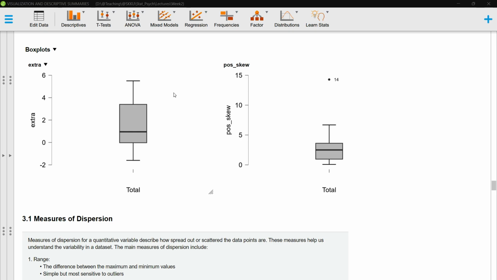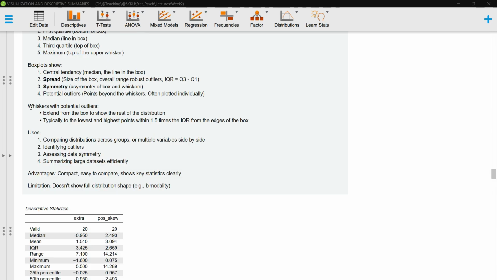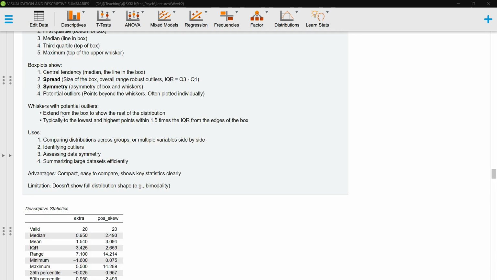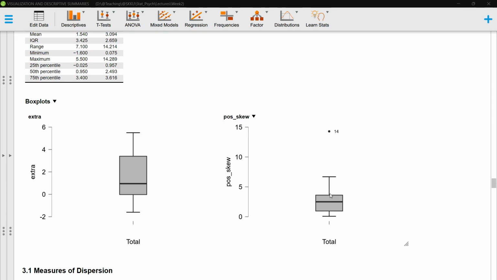Okay, so how can we determine the length of the whisker when we have potential outliers? Originally the end of the whisker is the minimum value and the maximum value, but when we have potential outliers, whiskers extend from the box to show the rest of the distribution, like from here, this one and this one.